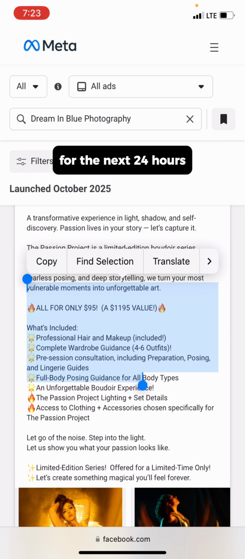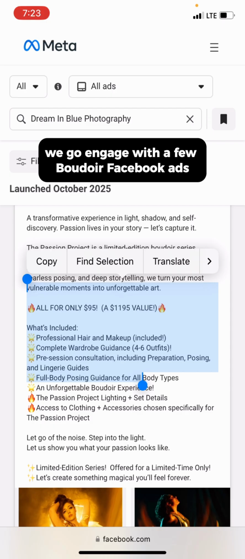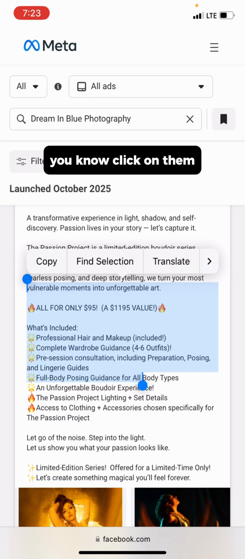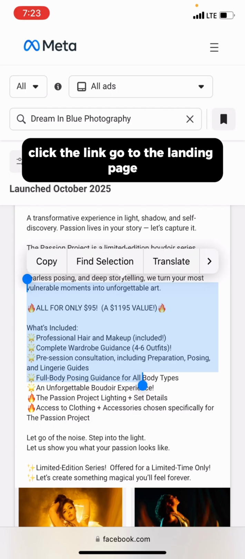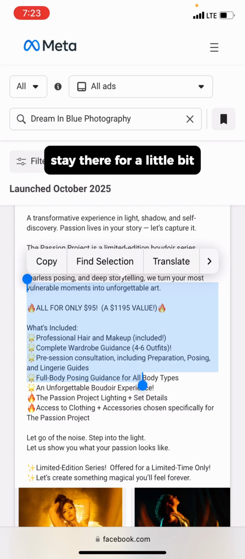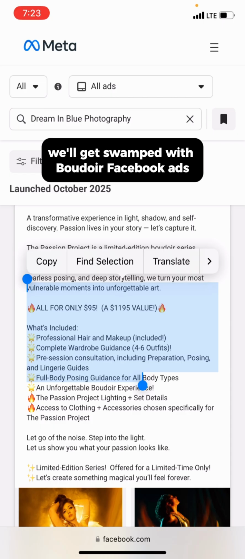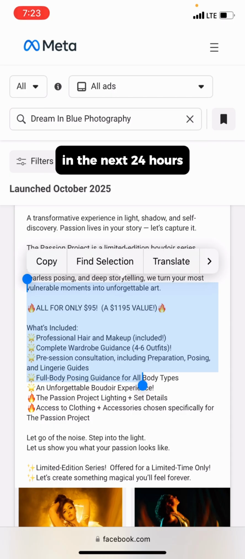And we can test this. We go engage with a few Boudoir Facebook ads in our city, click on them, click the link, go to the landing page, stay there for a little bit, just interact with an ad, someone who's interested in it. We'll get swamped with Boudoir Facebook ads in the next 24 hours.